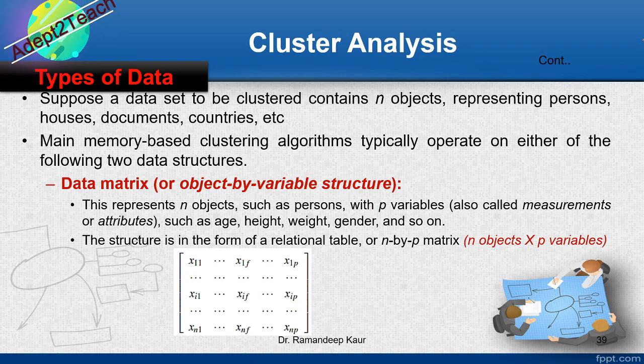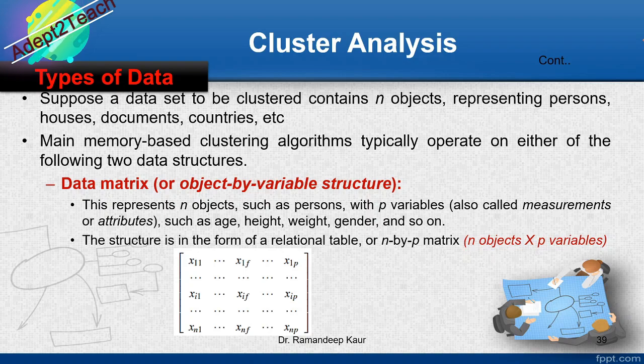Now while we are doing cluster analysis, there are two categories of data. The first category is the data matrix. That means when we are discussing object by variable structure, I have two sets of attributes which I am comparing. For example, I am comparing person and income, person and age, age and income. So I am taking one object and one variable.